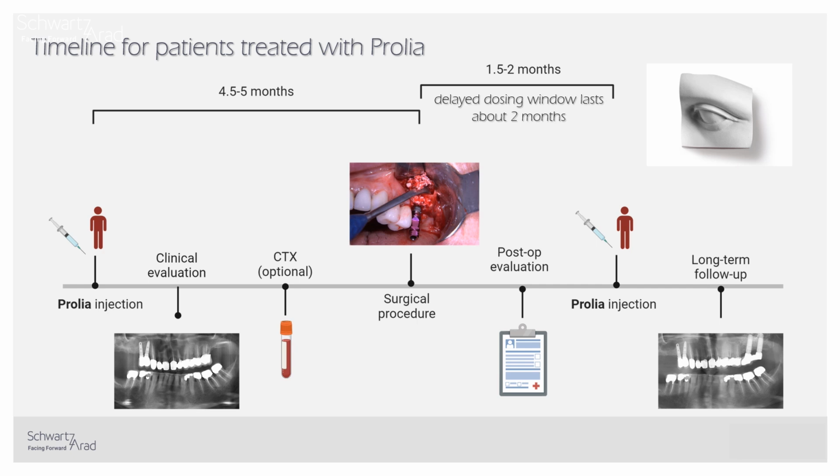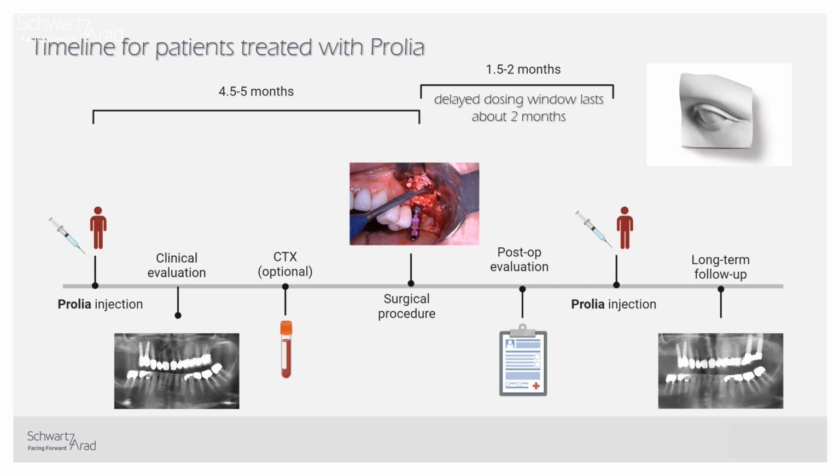A delayed dosing window is also possible when you communicate with a physician, with the endocrinologist. You can sometimes take more than a month and make the next injection at 6 or 6.5 months, and sometimes 7 months, but this must be under control.